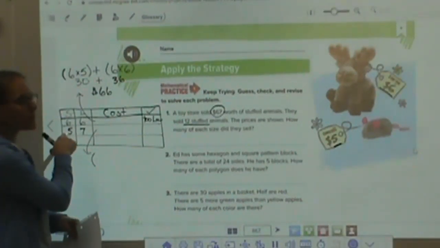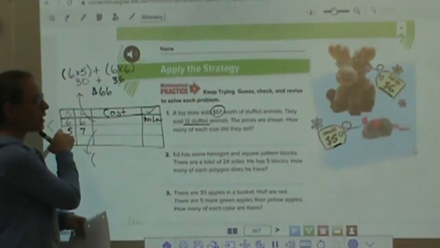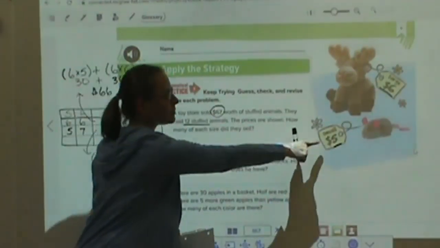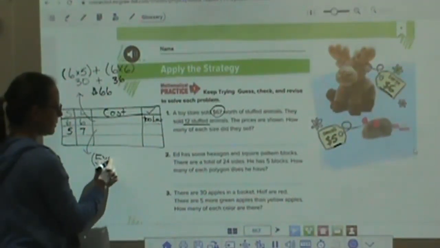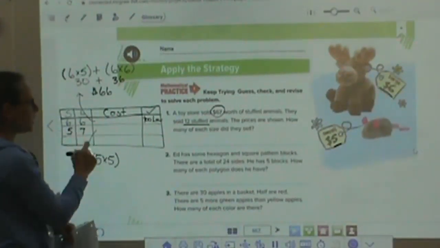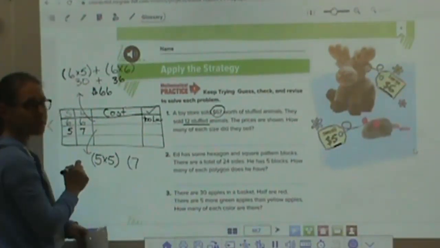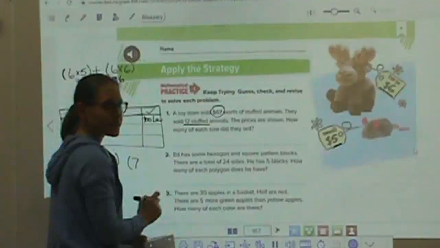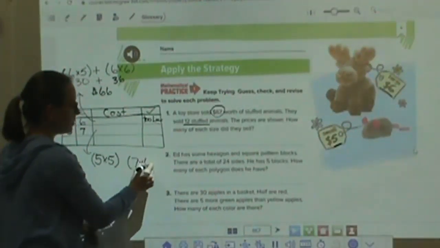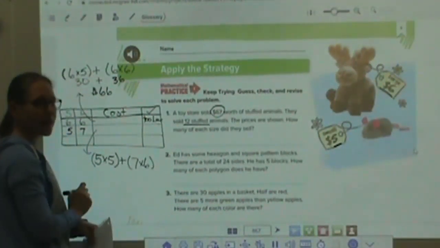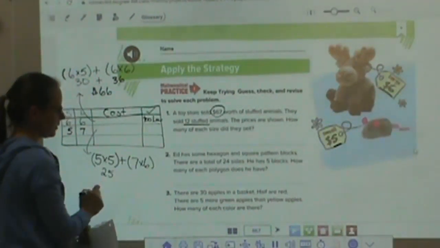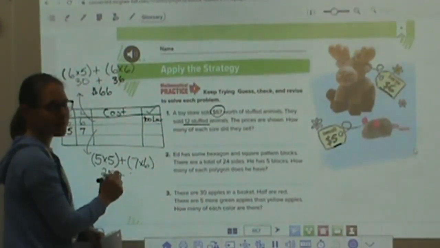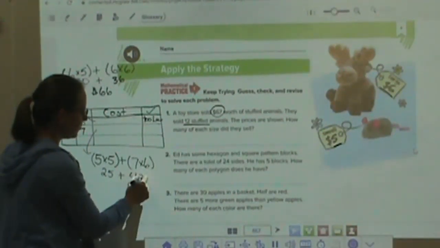Our 5 small stuffed animals, 5 stuffed animals times our $5. We're going to do our 7 large stuffed animals times $6 each. Going to add those two together. 5 times 5 is 25. Plus 7 times 6 is 42.